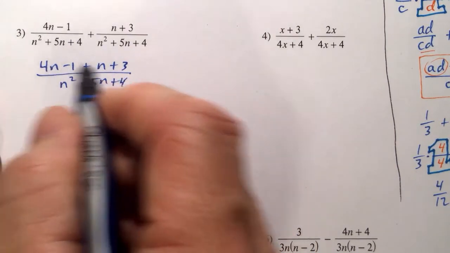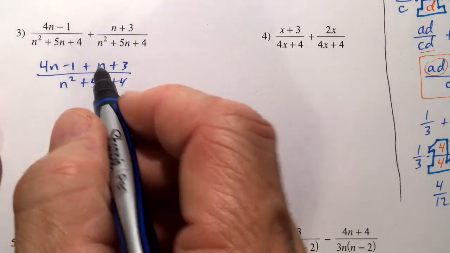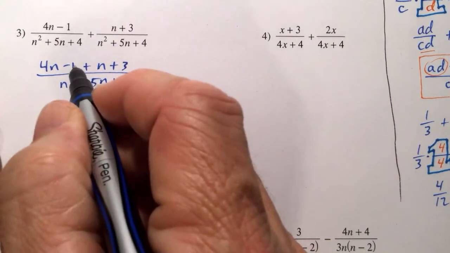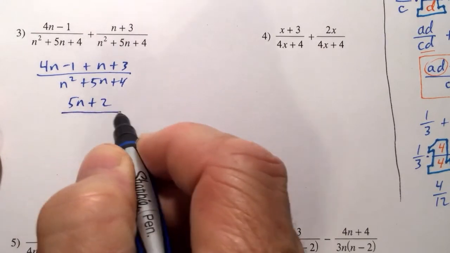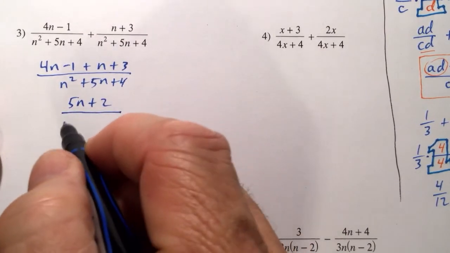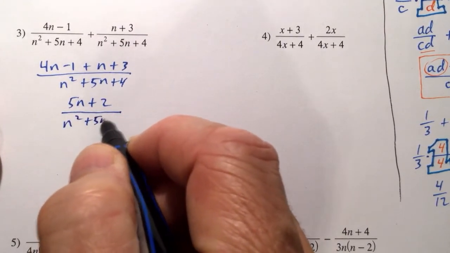So let's go ahead and combine the like terms in the numerator. 4n plus n is 5n. Negative 1 plus 3 is positive 2. So be really careful. And then we have n squared plus 5n plus 4.